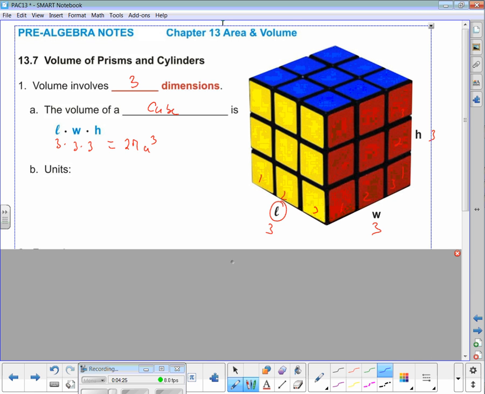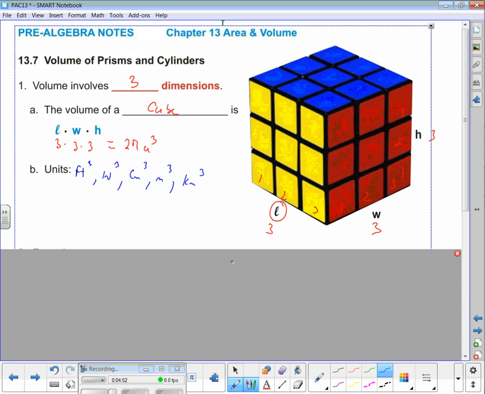Okay? Units for any kind of volume, not just cubes. Units for any kind of volume: feet cubed, inches cubed, centimeters cubed, meters cubed, kilometers cubed. You can go acres cubed if you want.